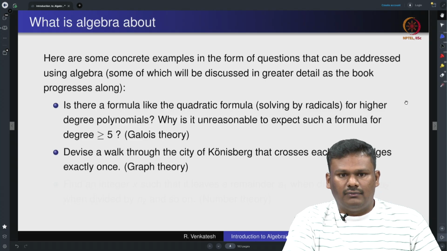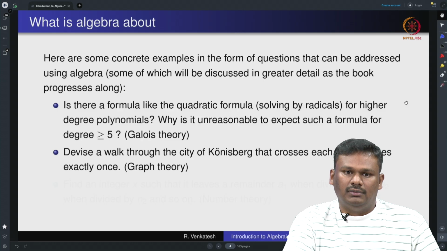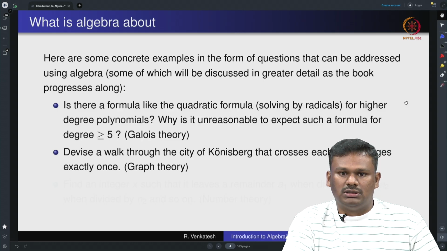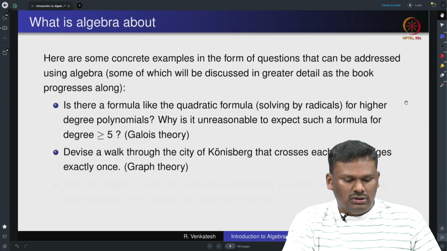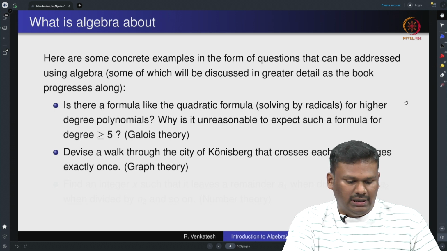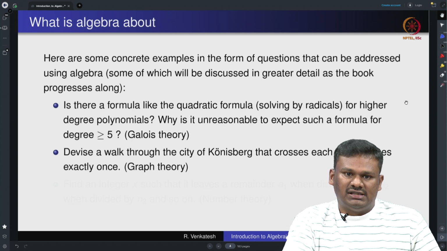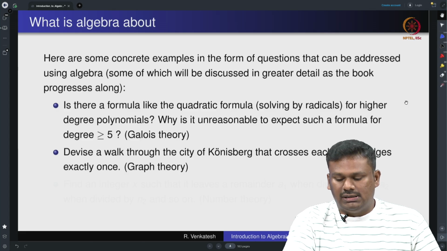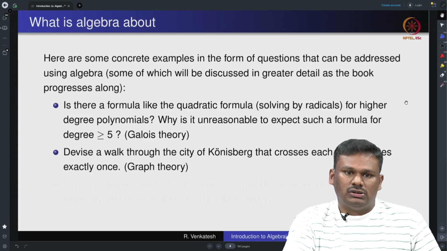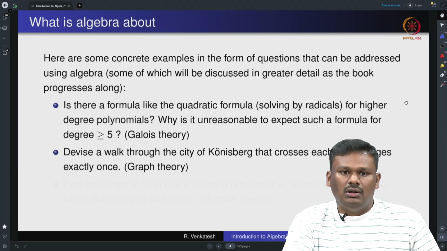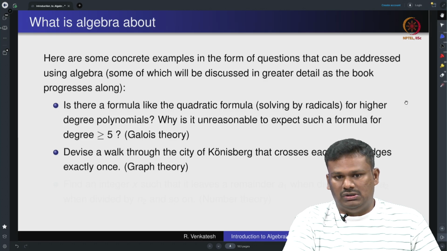Okay. Now, how can one go from this type of question to some questions about combinatorics? We can also ask this question: we want to devise a walk through the city of Königsberg that crosses each of its bridges exactly once. Even though this looks like a real life problem, one can use graph theory to solve it.